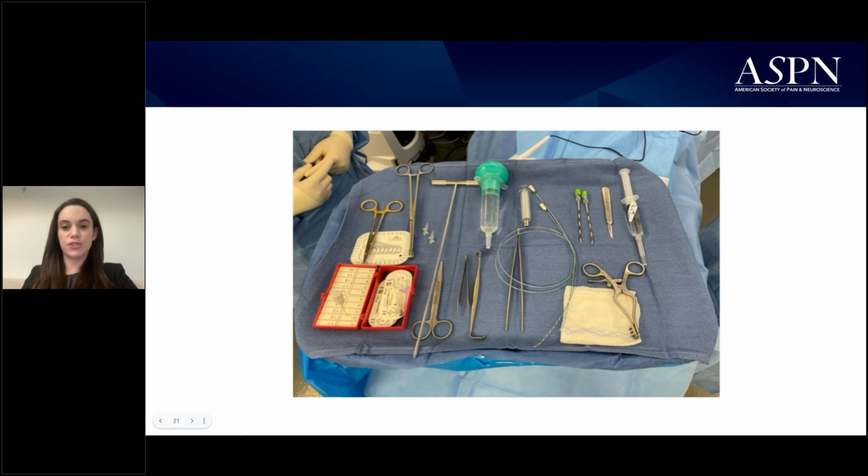This includes your introducer needle, your local needle, your finder needle, syringes, including your loss of resistance syringe, scalpels, spinal cord stimulator leads and anchors, as well as tunneling devices, and different types of pickups, scissors, and a variety of retractors, which we'll speak about more in detail later. And in addition to the instruments you see here, we also commonly use Bovie and suction devices. Next slide, please.